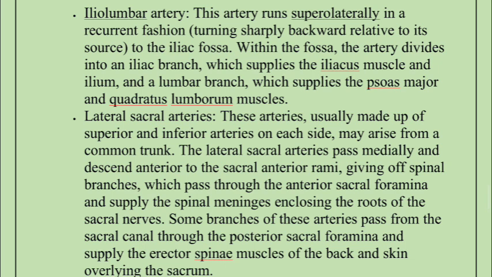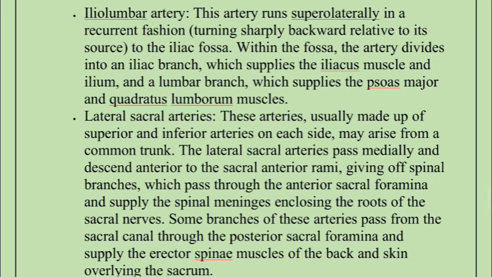So the iliolumbar artery turns sharply backwards relative to the source, the posterior division of the internal iliac artery. As it arises, it will turn sharply backward, and it will now go to the iliac fossa.